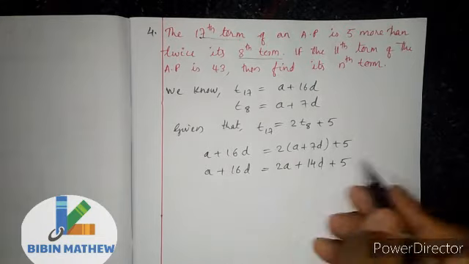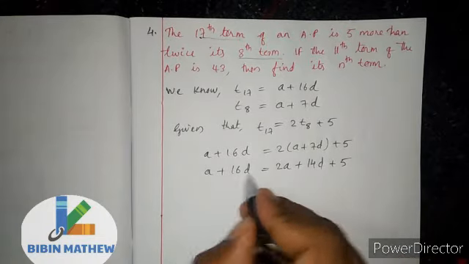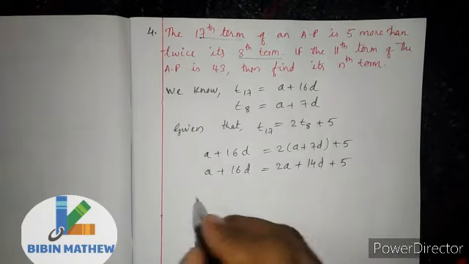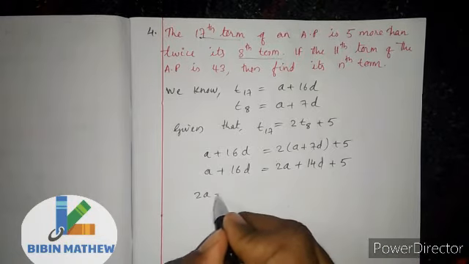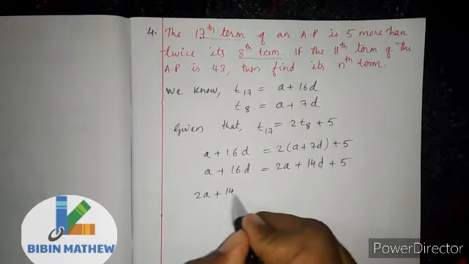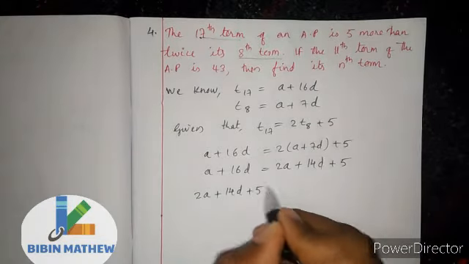Now take all these things to that side. So what happens if you're taking all these terms to the right hand side, it will become 2A plus already there is 14D, already there is a 5.